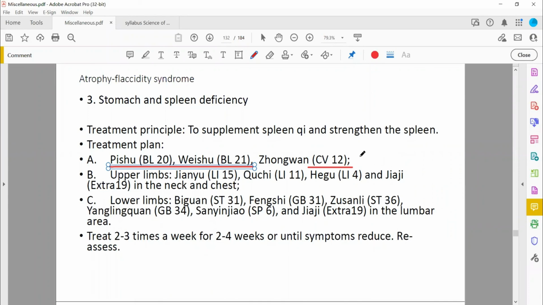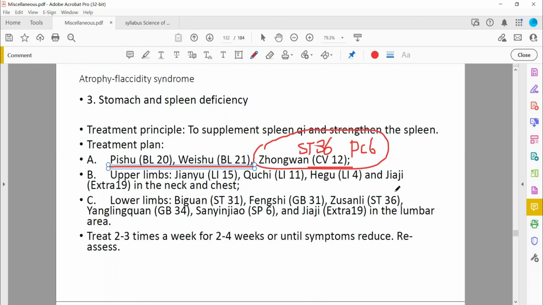ST37. Ah, sorry, ST36, right? But you have it already. Yeah, already here. PC6, yeah, for the middle jiao, right? We know that's the combination for the middle jiao.